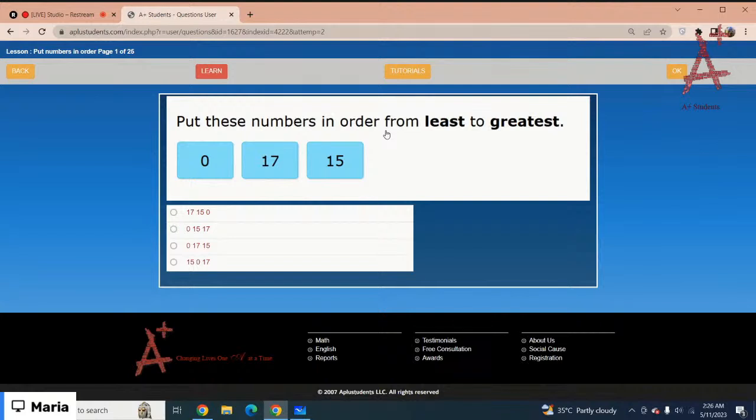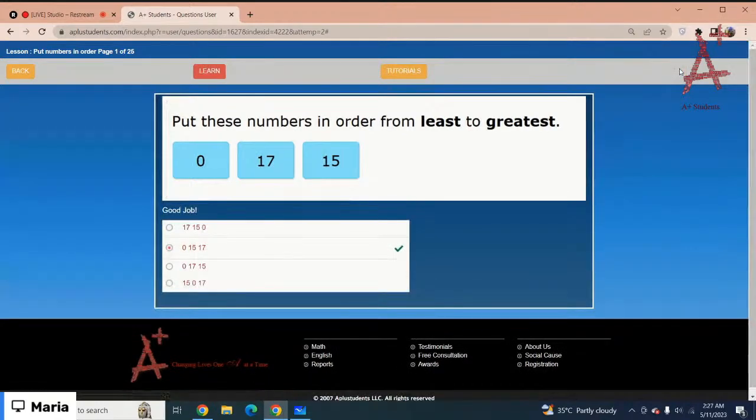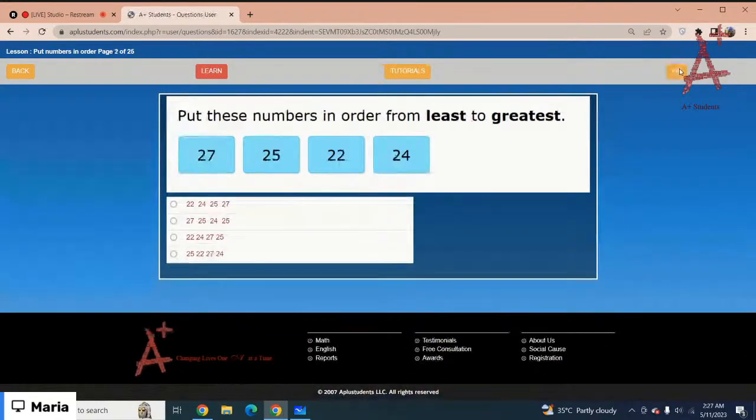The least one would be 0, then 15, and then 17. Very good. That would be option number 2. Okay, the next one: put these numbers in order from least to greatest. Which is the correct option? 27, 25, 22, and 24.